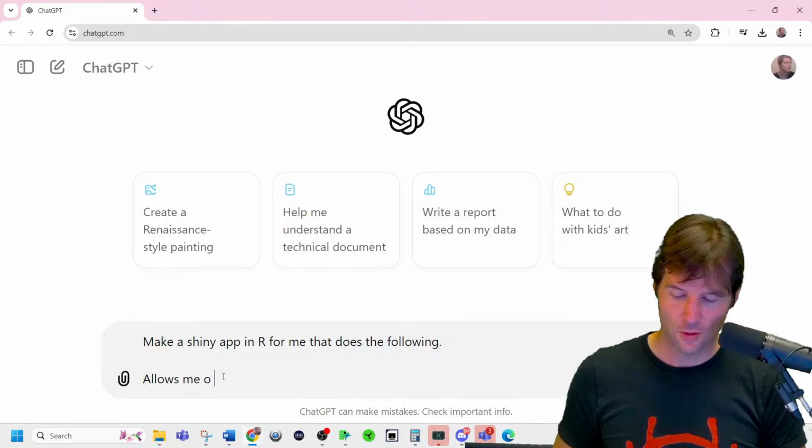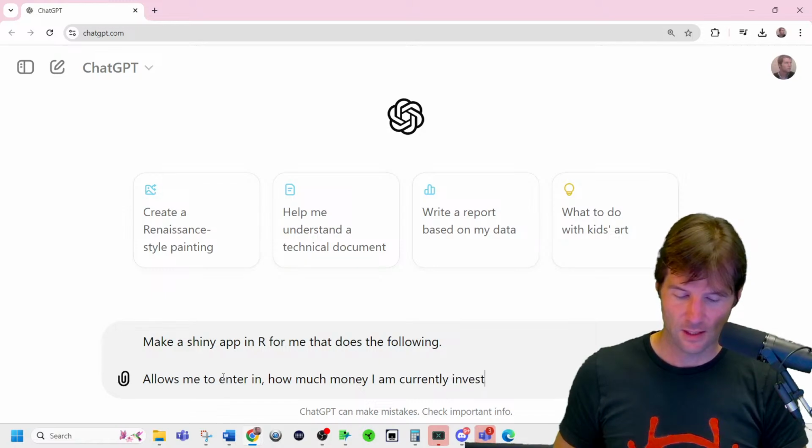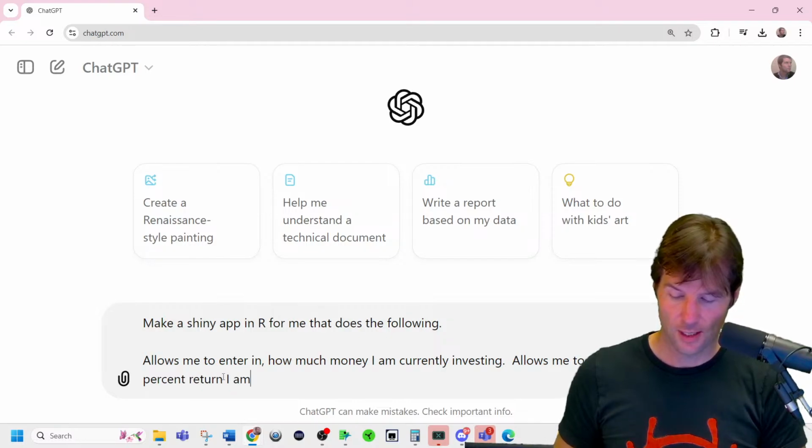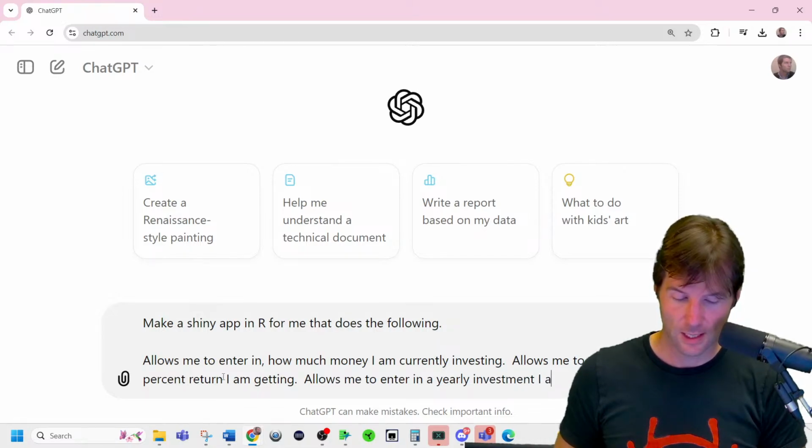Allows me to enter how much money I am currently investing. Allows me to enter the percent return I am getting. Allows me to enter a yearly investment I add each year.